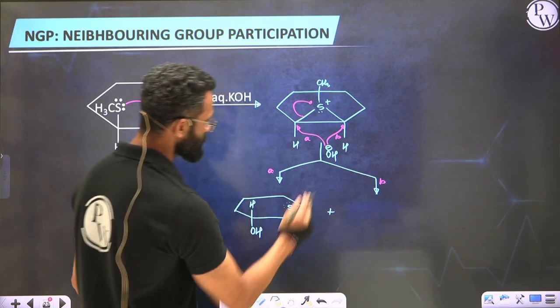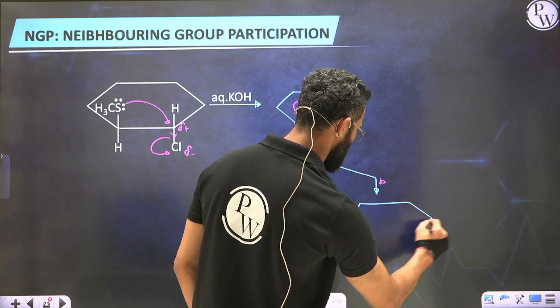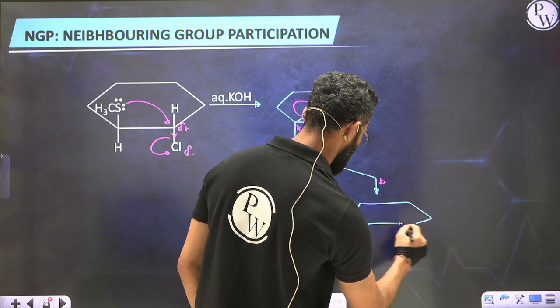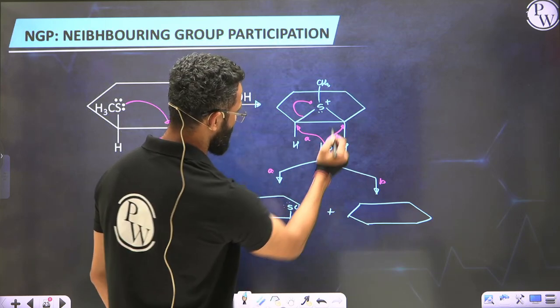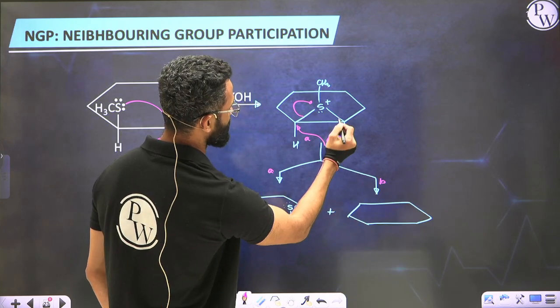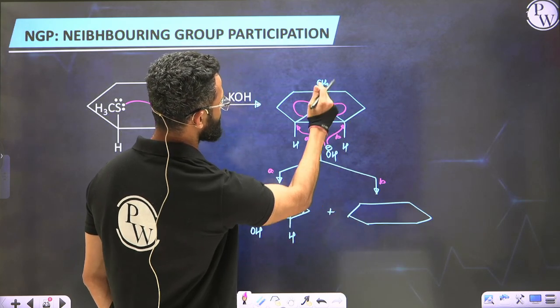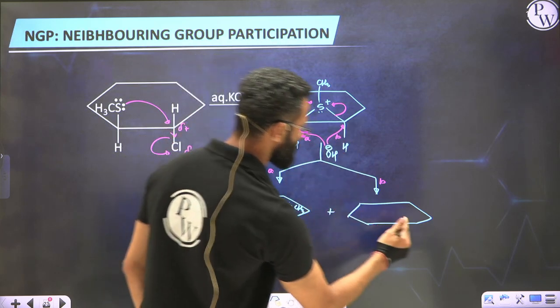Plus, if attack via path B is taking place, so OH is attacking here, this H will flip up and this bond is going to break. If path B attack is taking place, this bond has to break. So SCH3 will be on the left-hand side carbon above the plane. OH attacked here.